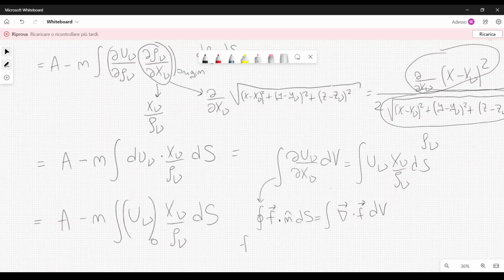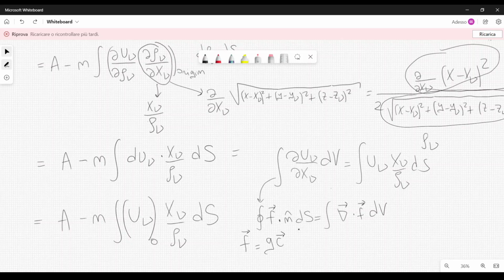Now, if we choose for the field f a scalar function that I will call, let's say, g, and I multiply this by a constant vector field that I will call c. So remember that c is a constant, whereas g is a scalar function.